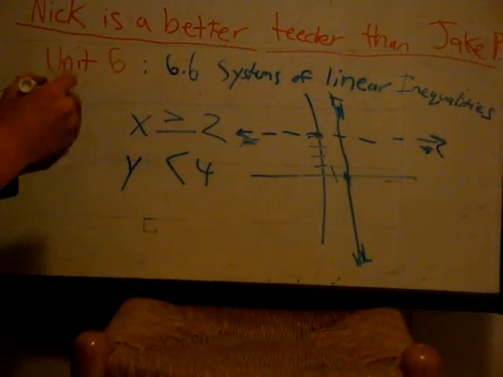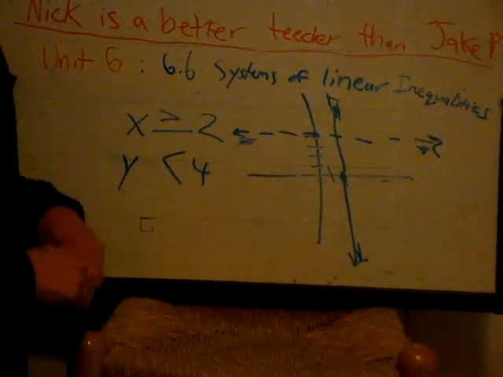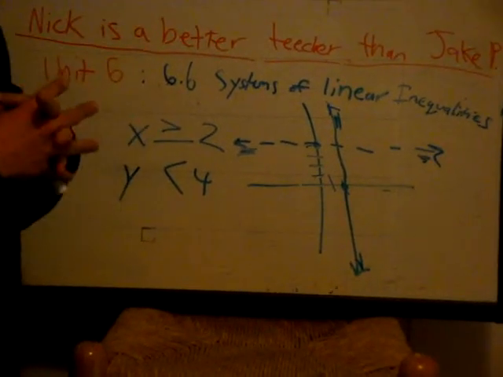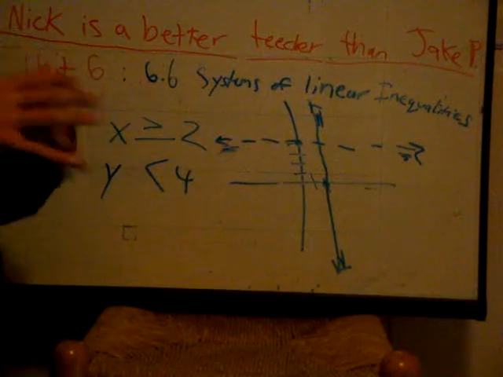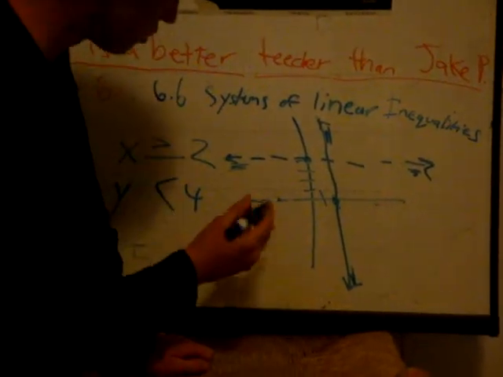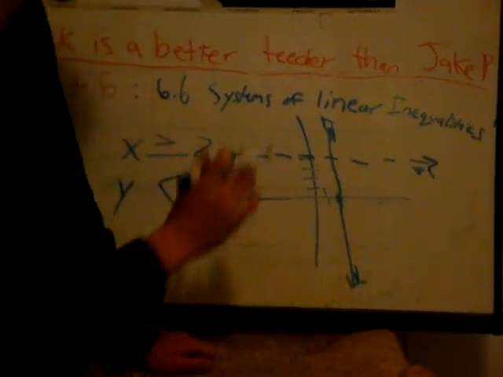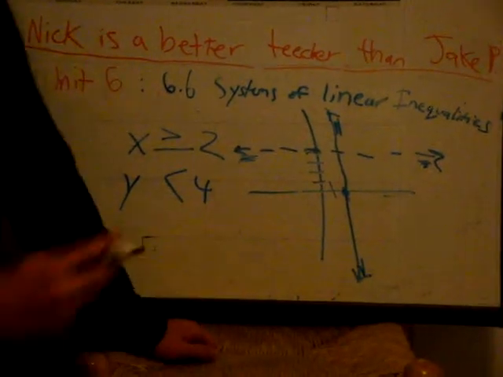Now, by systems of linear inequalities, what we're going to do is shade where they both meet, where we only shade the part where they'd both be shaded. I know that doesn't make much sense, but I'm going to show you. For this line, we would shade down, and for this one, we'd shade that way. So let's compromise.